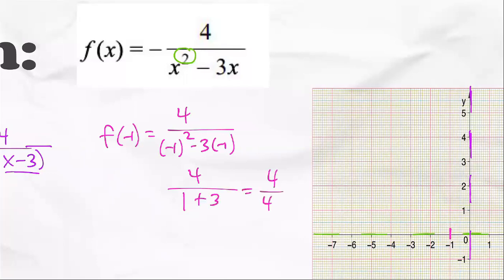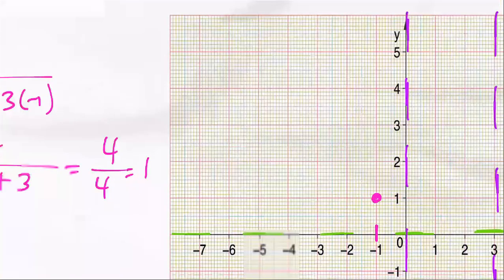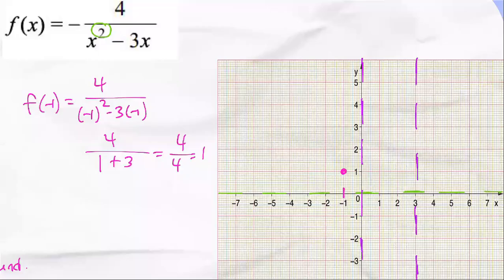So I get 4/4, which is 1. Okay, so at -1, I'm at 1. All right, so this looks like this. I know that I have to somehow connect this where I don't touch the y and I don't touch the x. So I'm going to say this is probably going to look like this and go along there.